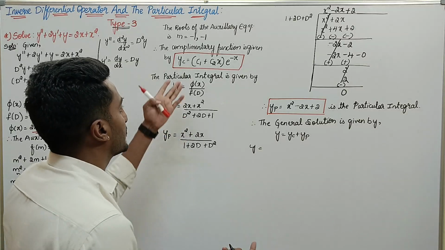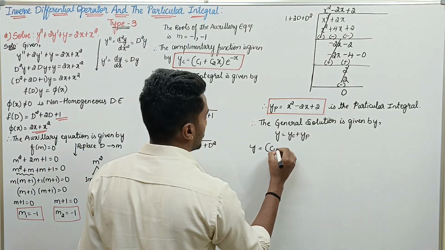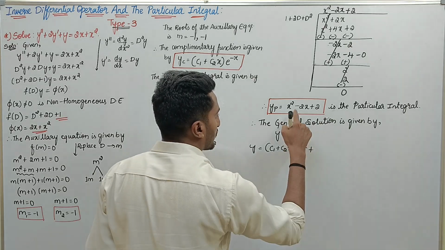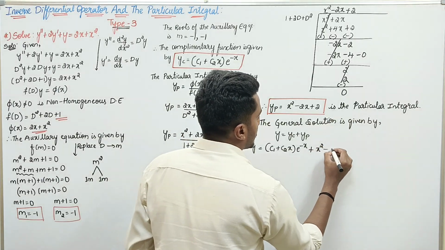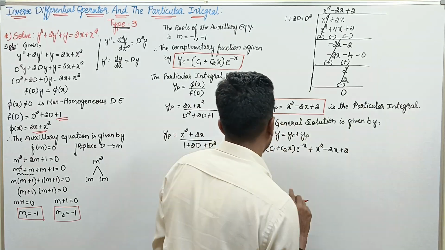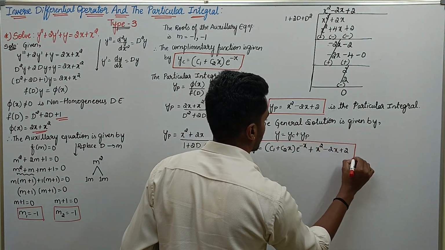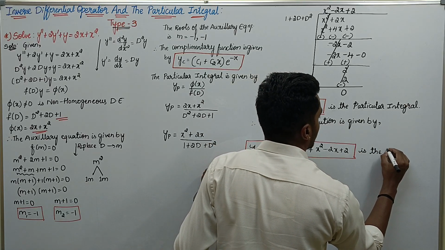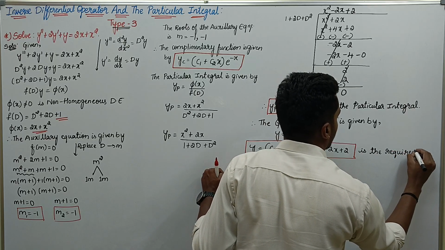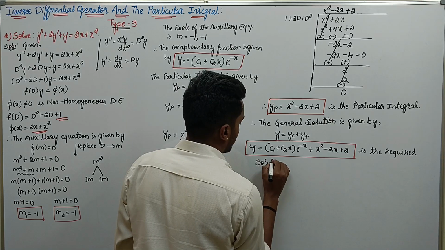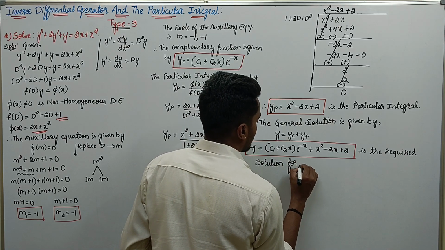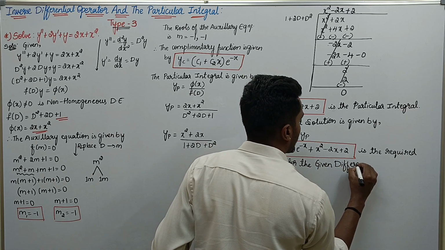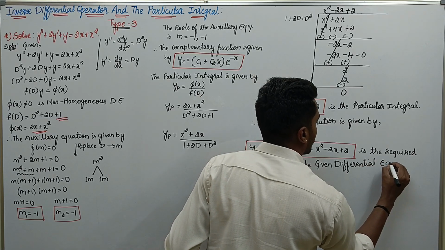Yc represents the complementary function, whatever we have got, c1 plus c2x e power of minus x, plus yp, that is x square minus 2x plus 2, is the required solution for the given differential equation.